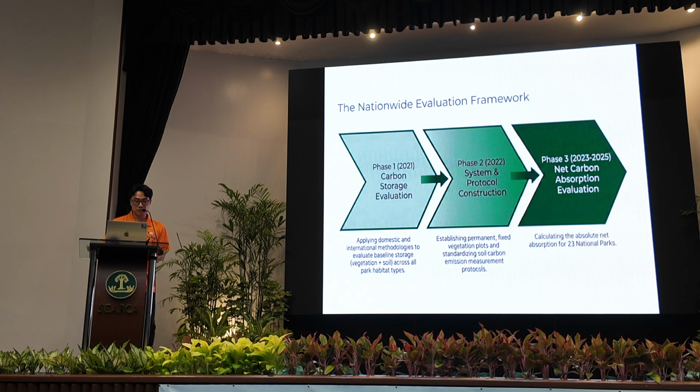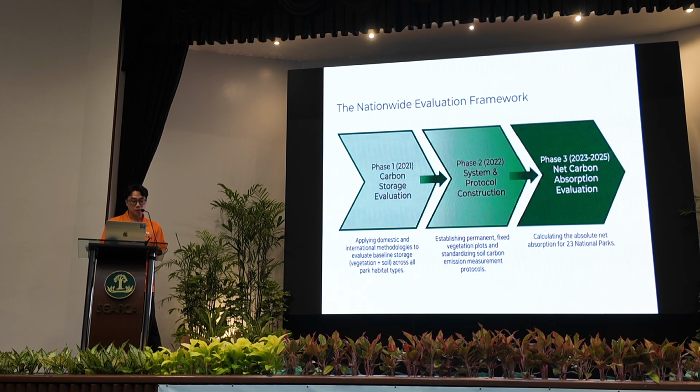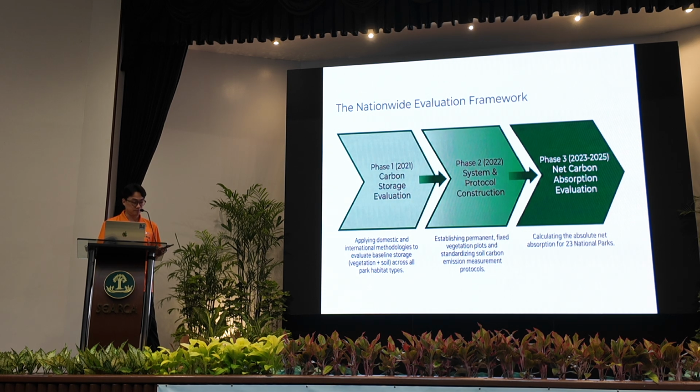We established permanent vegetation plots and standardized soil carbon emission measurement protocols. And phase 3 runs from 2023 to 2025. In this phase, we calculate the absolute net carbon absorption for the 23 national parks.